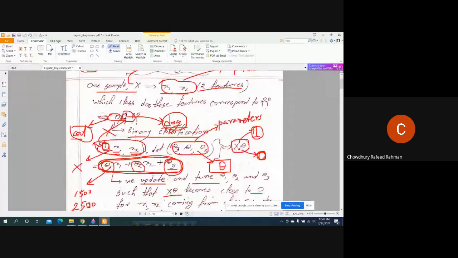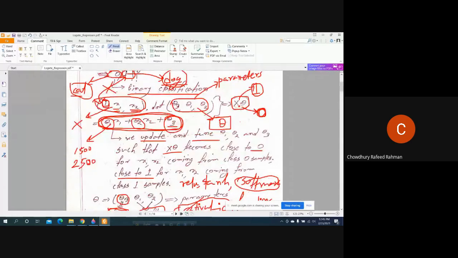If I ask you what do you mean by a machine learning model, then what will be your answer?